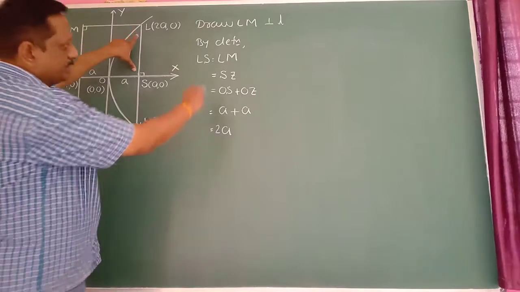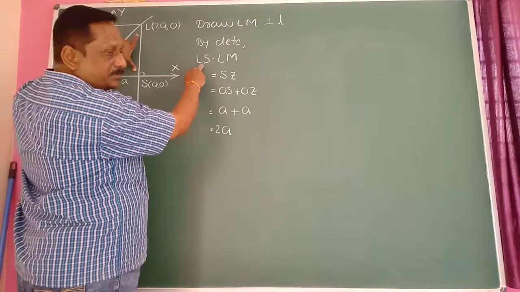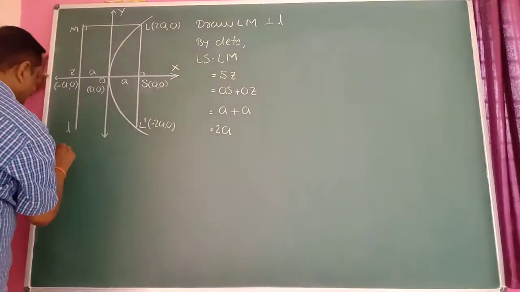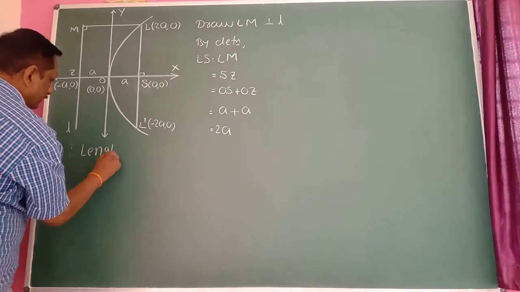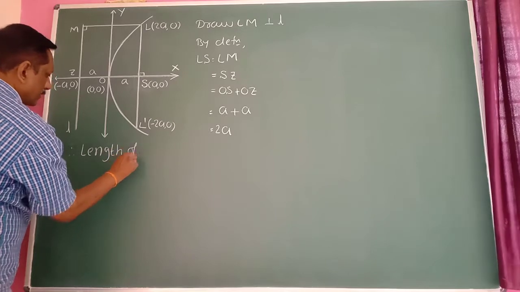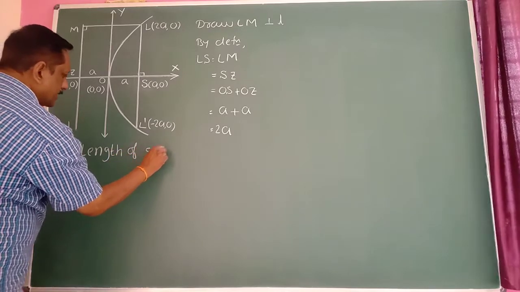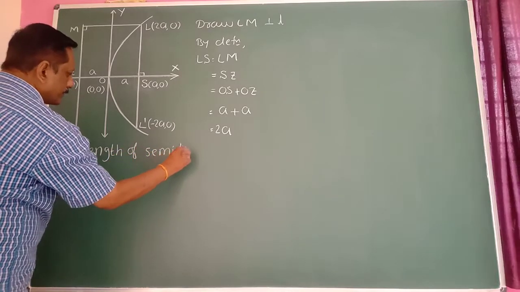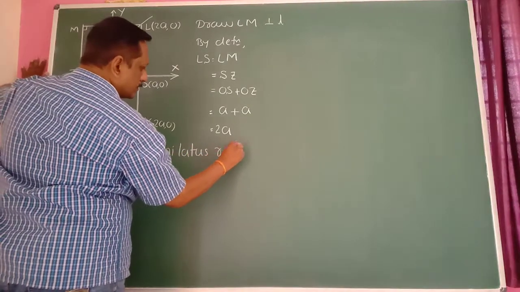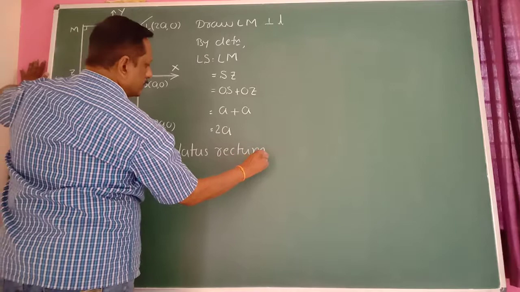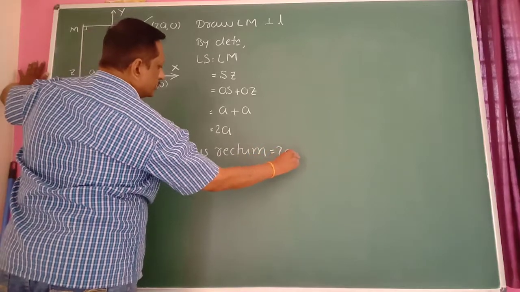Here L L dash is called the latus rectum, and LS is the length of the semi-latus rectum. Therefore, the length of the semi-latus rectum is equal to 2a.